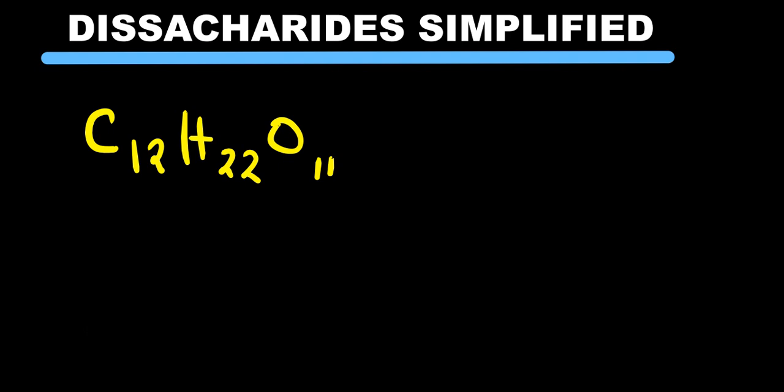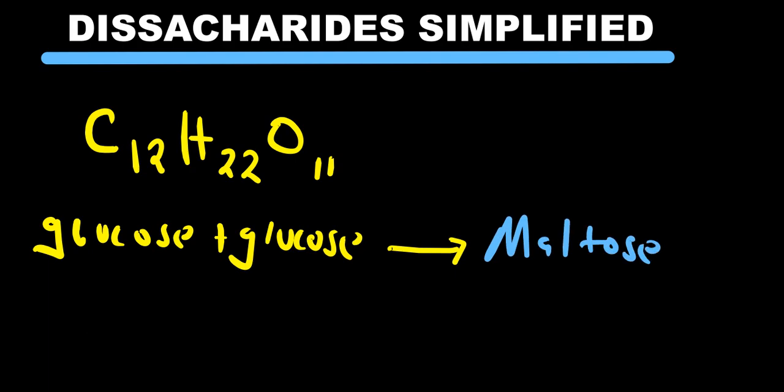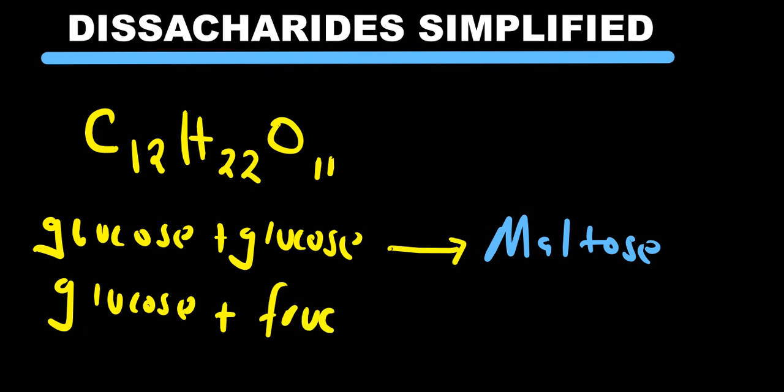For example, if we get 2 glucose molecules, so glucose plus glucose will give us a disaccharide, maltose. If we say glucose plus fructose, that will give us a disaccharide.